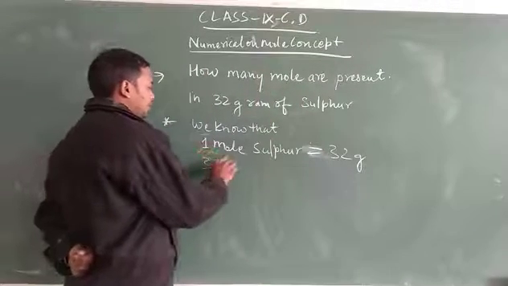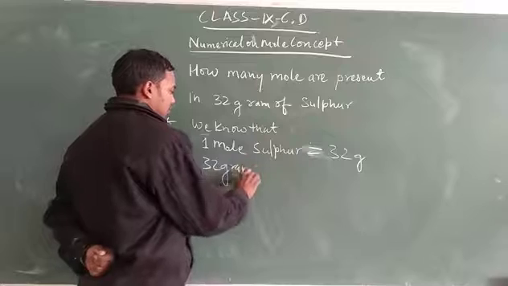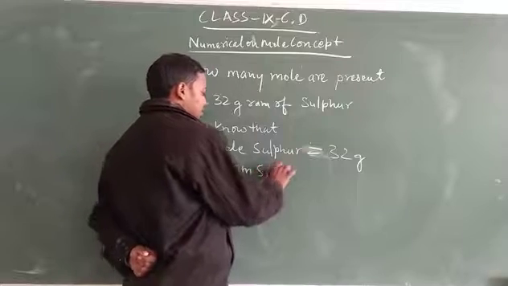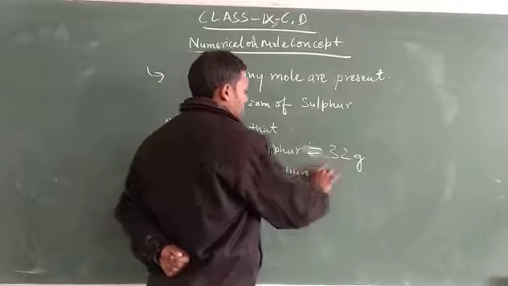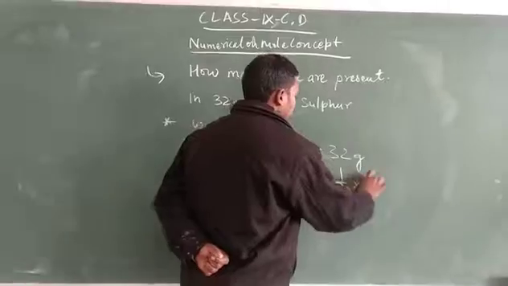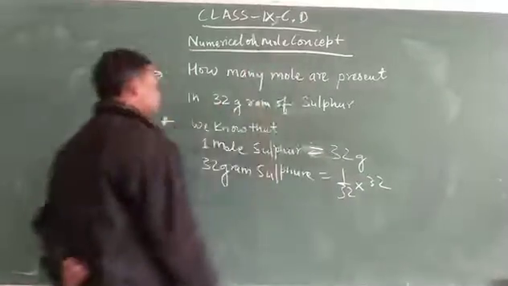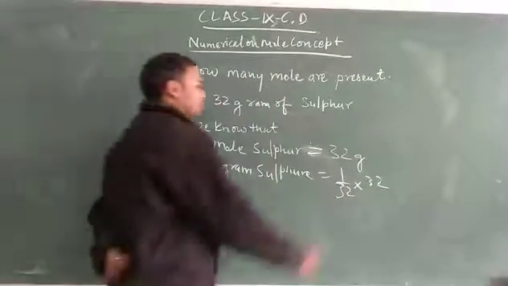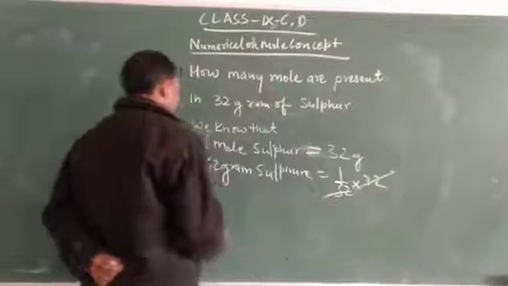But 32 grams sulfur is equal to 1/32 into 32. So 32 and 32 cancel.